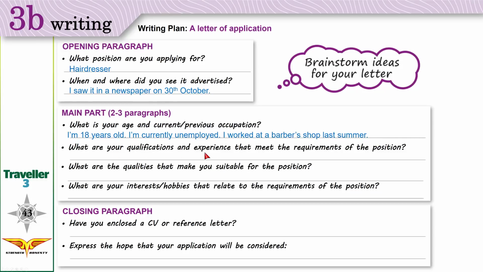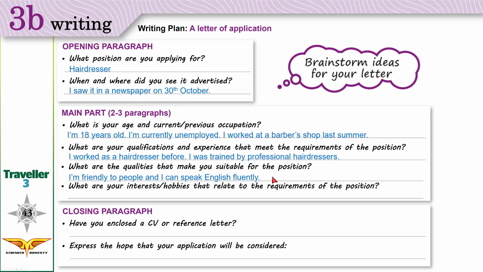My qualifications and experience: I've worked as a hairdresser before and I was trained by professional hairdressers. What qualities do I have? I am friendly and I can speak English fluently. What are my interests? I enjoy giving people haircuts. I am enthusiastic. In the closing paragraph, have you enclosed a CV? Yes, I have. My CV is enclosed. Express my hope: I hope my application will be taken into consideration.